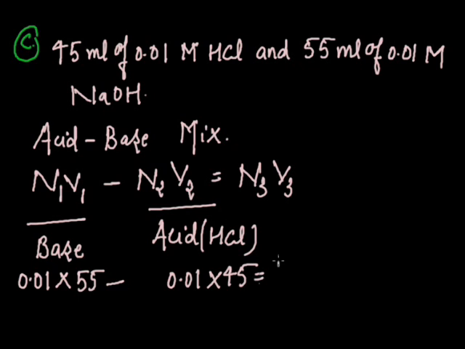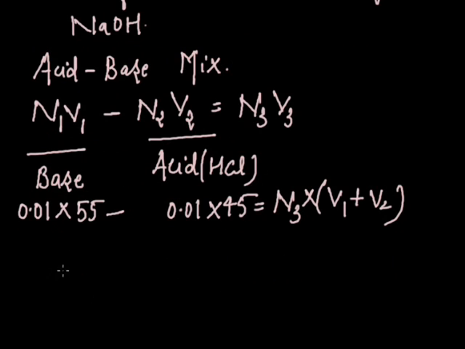We'll calculate the normality of the resulting solution, and the volume of the resulting solution will be V1 plus V2. So here it comes out to be 0.55 minus 0.45 equal to normality of the resulting solution multiplied by 100.